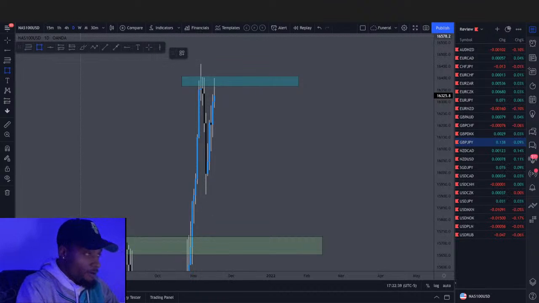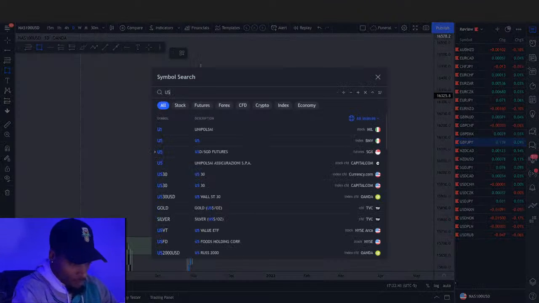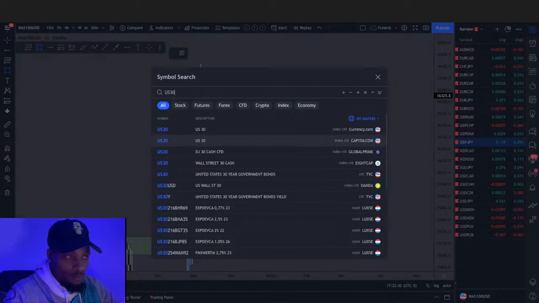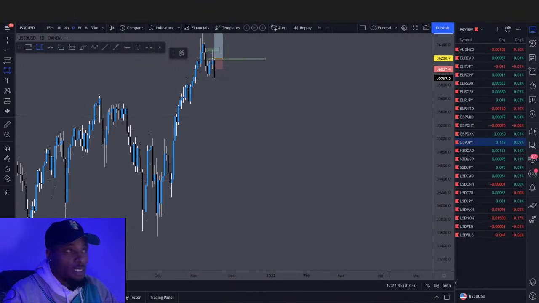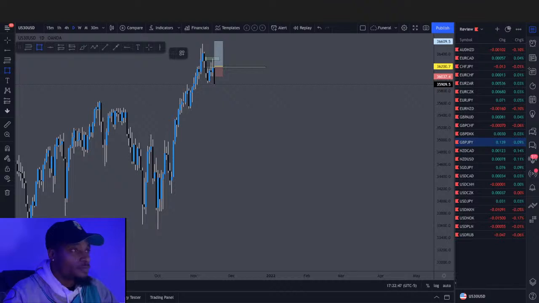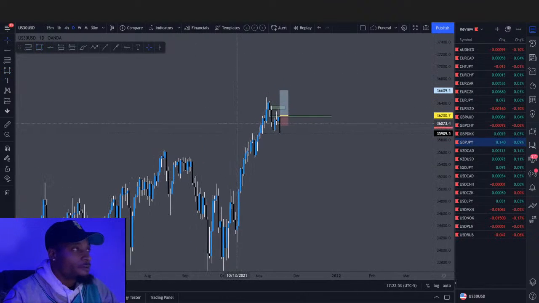Let's look at US 30. Honestly, I wouldn't. We never got the break above this level. Look at that. What were we looking for?